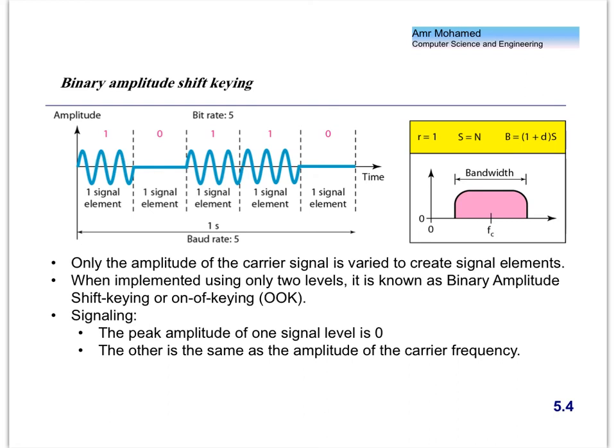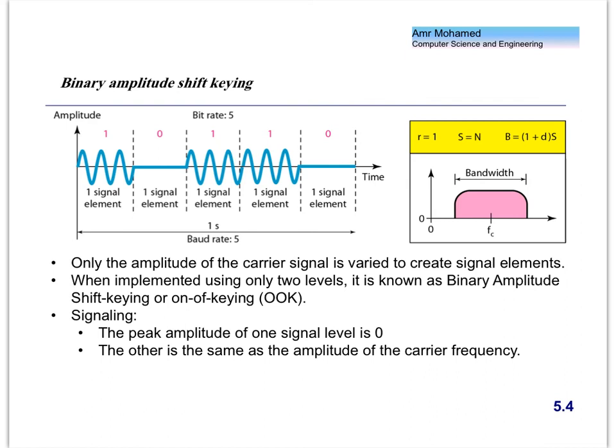If you have attenuation due to some noise on the channel, the amplitude of this sine wave tends to decay. Remember, the attenuation affects the amplitude. So if you transfer this over a long line, the sine wave will decay, and the problem now is that it will get close to 0.